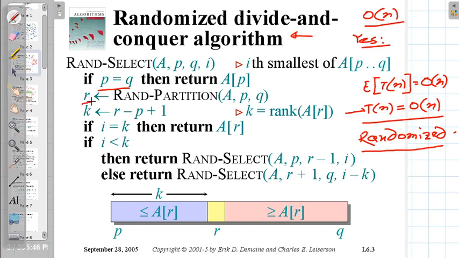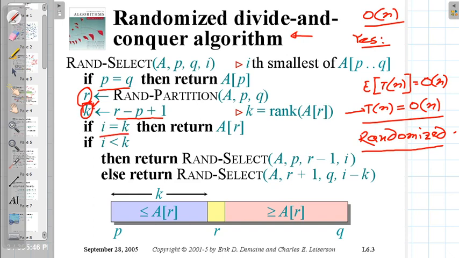We have to have the pivot element selected, and then k equals r minus p plus 1, that I have shown you. K will be the rank of this A[r]. That means which smallest element we are at right now with this pivot.